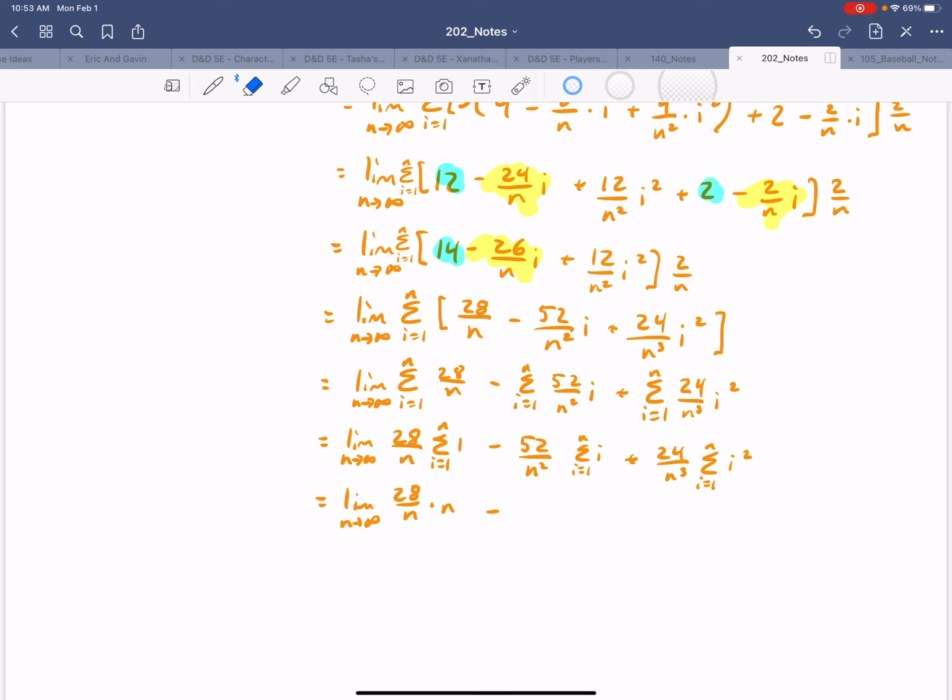This is 52 over n squared times, now remember this one, n times n plus 1 all over 2. And then this last one, remember we did this one in class today, n times n plus 1 times 2n plus 1 all over 6.